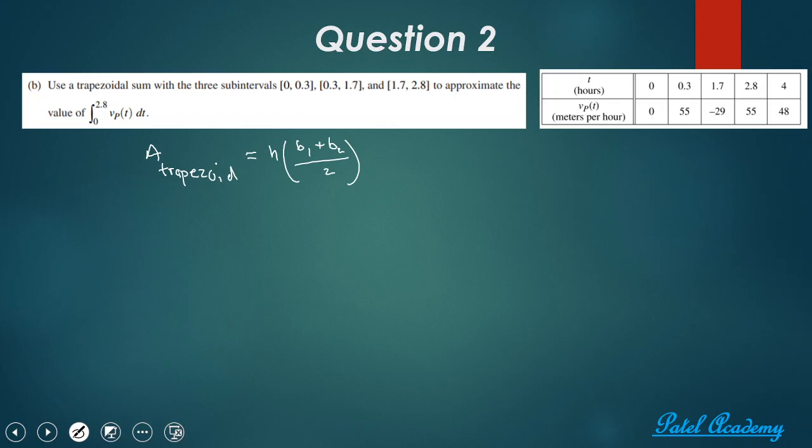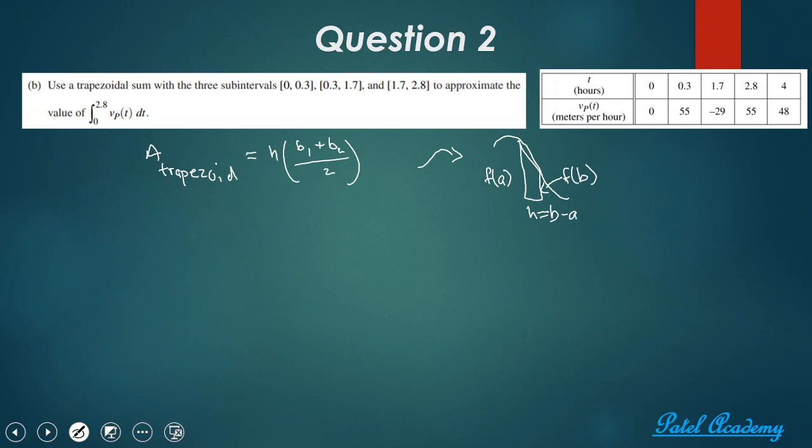Now in this case, keep in mind that if we have some curve and we're trying to take the trapezoidal sum, this is our height, so it's the interval that we're using. Our base 1 is going to be f at our first value. Our base 2 is going to be f at this value, and then our height is going to be equal to b minus a in this case.